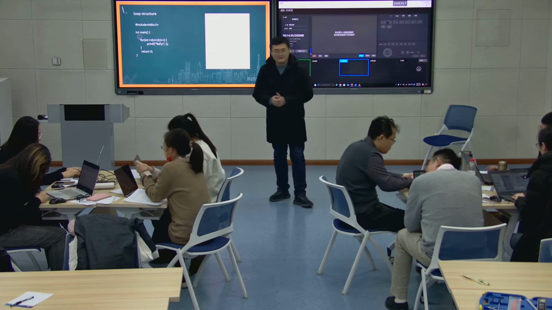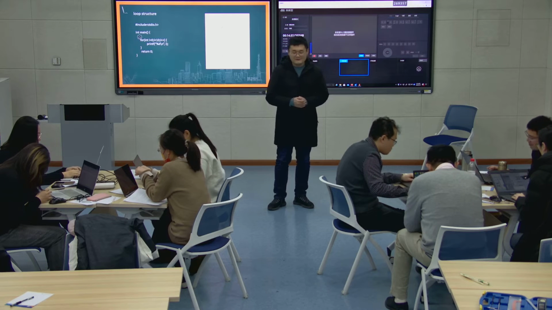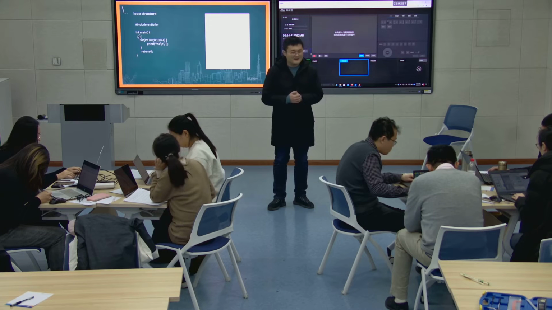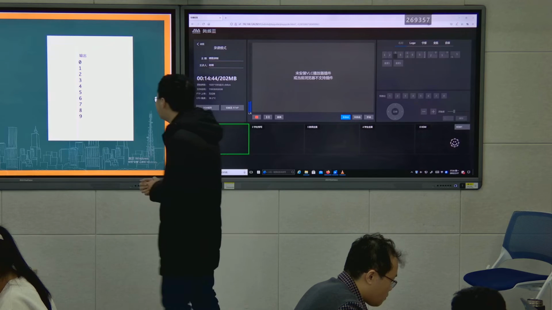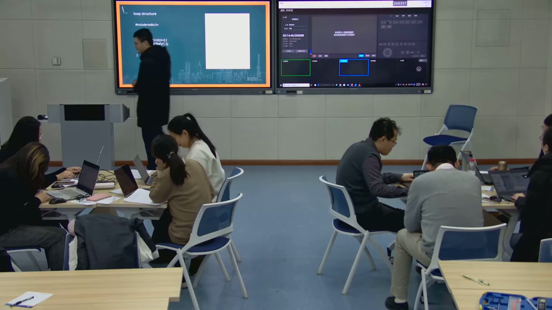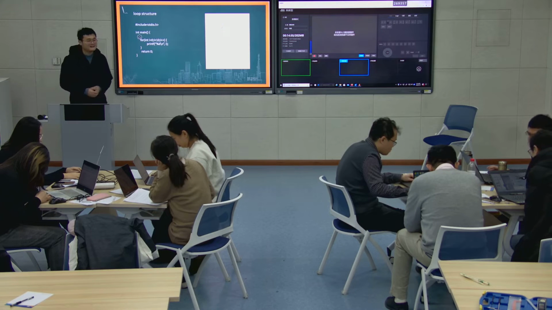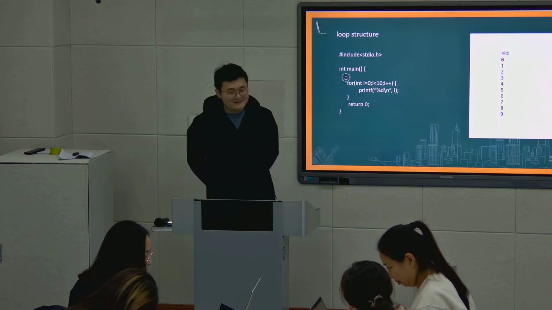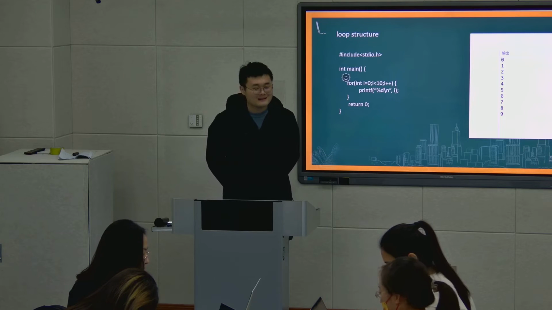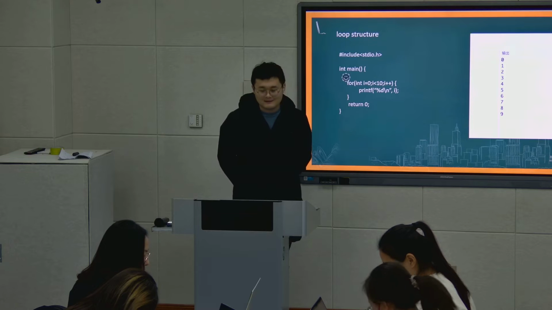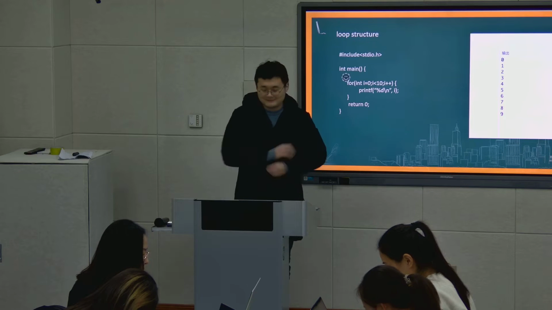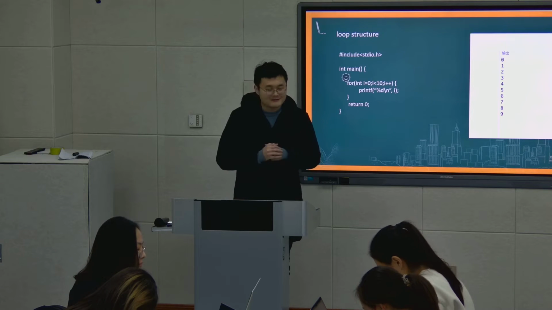And after repeating and repeating, you will have a wonderful life, right? So the loop structure is the same as your daily life. You repeat the same things like sleep, eat, and shower or brush your teeth.